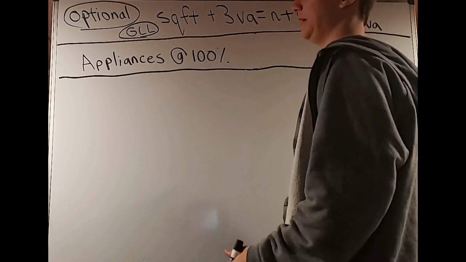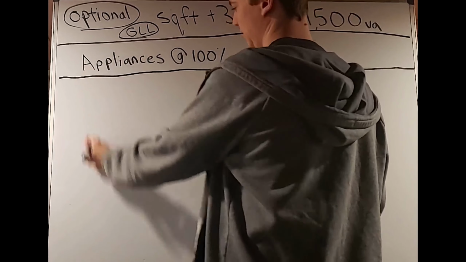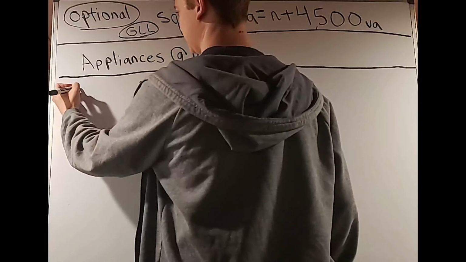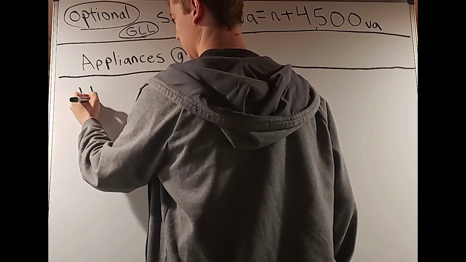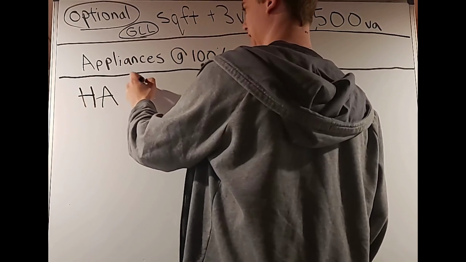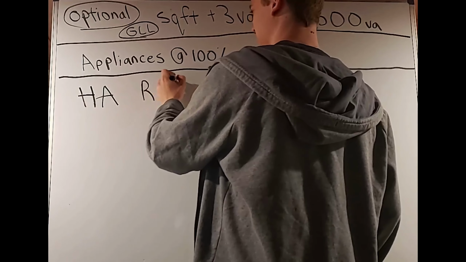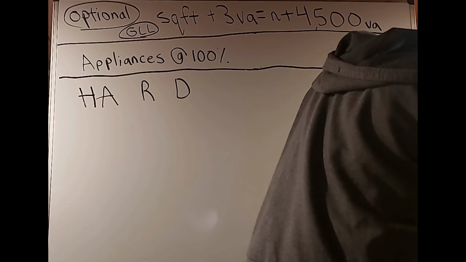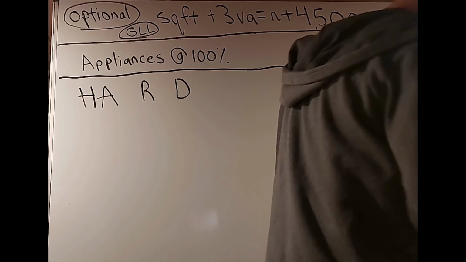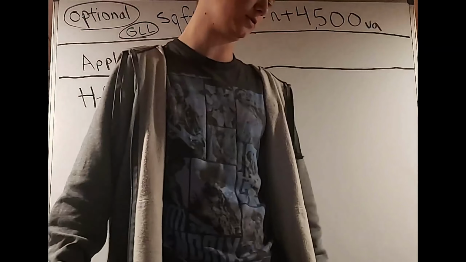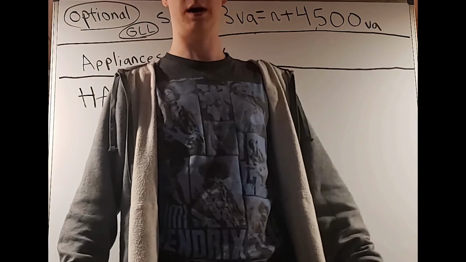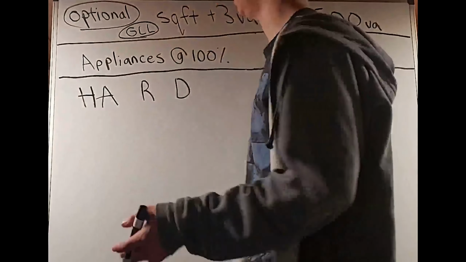Okay, and again, we have the HARD. I normally do that vertically, but for space here, I'm going to do it horizontally. I'm going to do the same thing, HA together, and then RD separated. You can check out 220.82(C), where you have heating and air conditioning loads under the Part 4 optional method section of the load calculations.